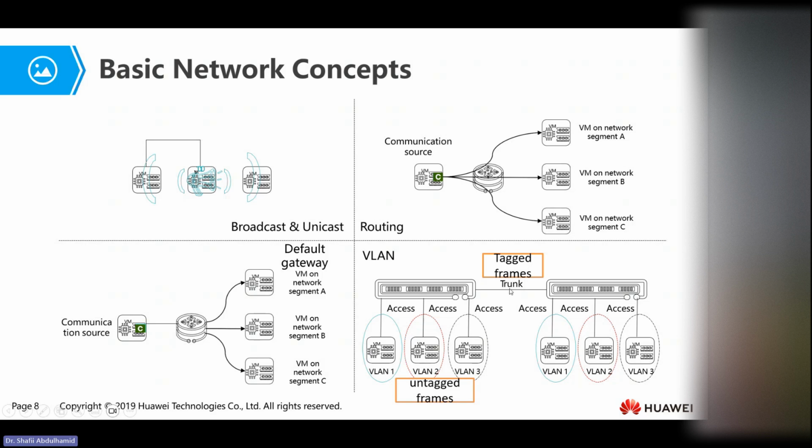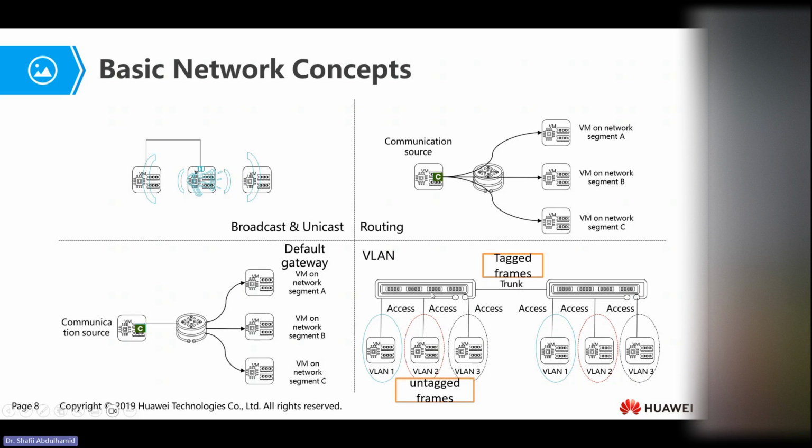Now I just explained two types of links. One is called the trunk link. The other one is called an access link. An access link basically connects a virtual machine and a switch, while a trunk link connects two different physical switches. These are not virtual switches, they are physical switches.